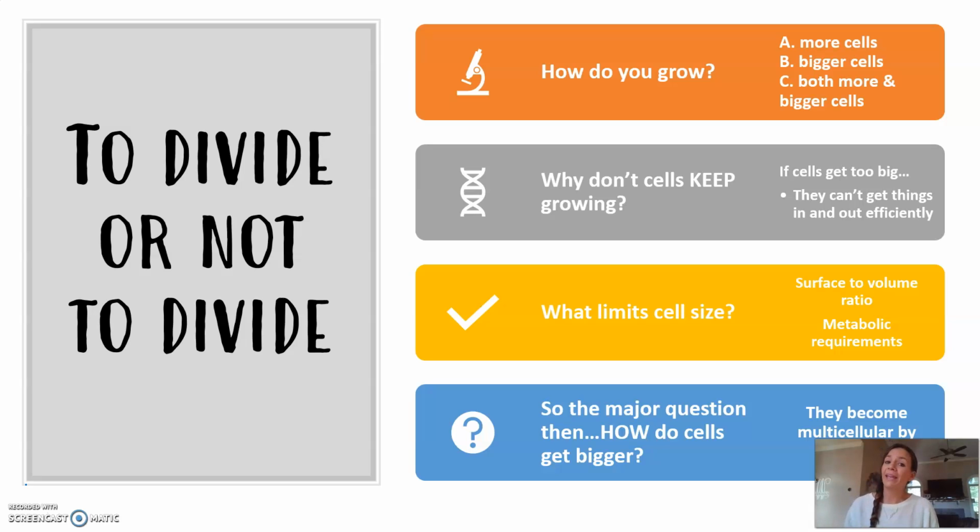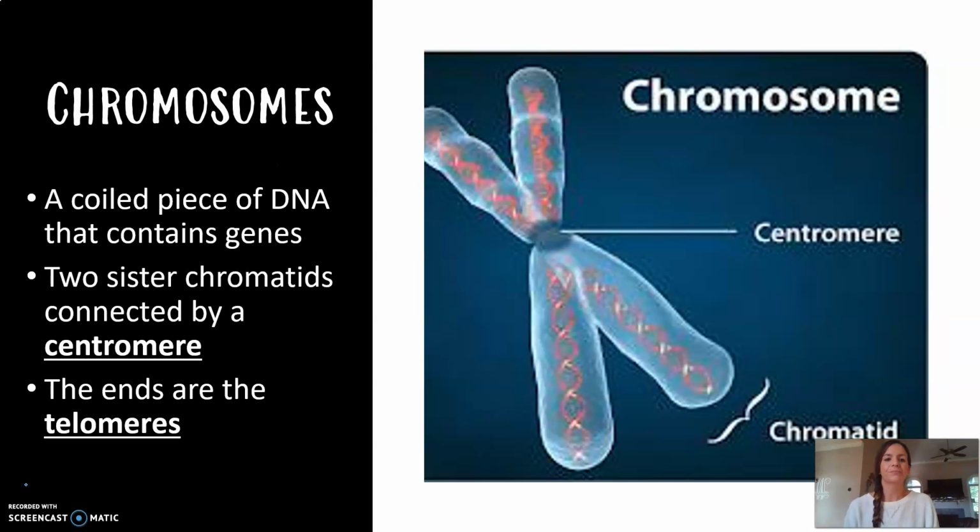If they get too big, they can't do their processes and carry things out efficiently. So there's a couple things that limit cell size, things like surface to volume ratio and their metabolic requirements. So how much do they truly need to function? So the major question then becomes, how do cells get bigger? And they do this by dividing.